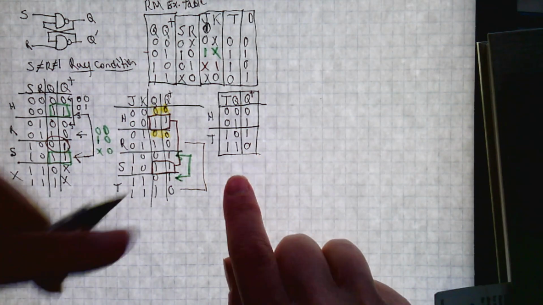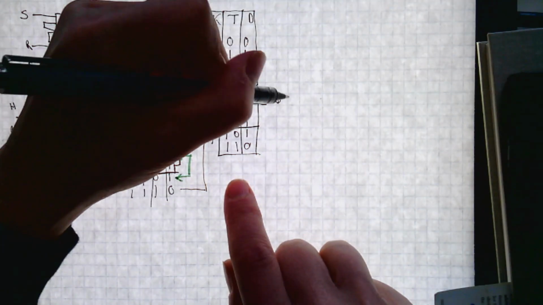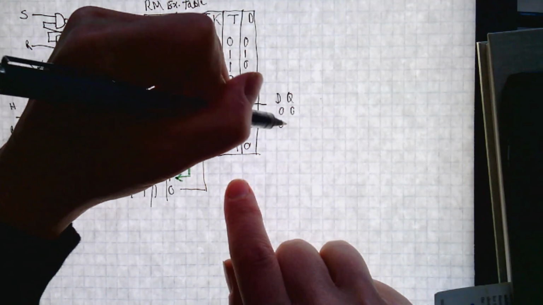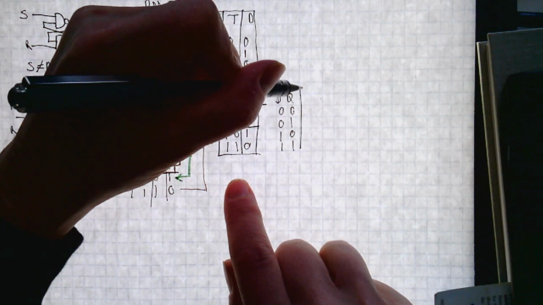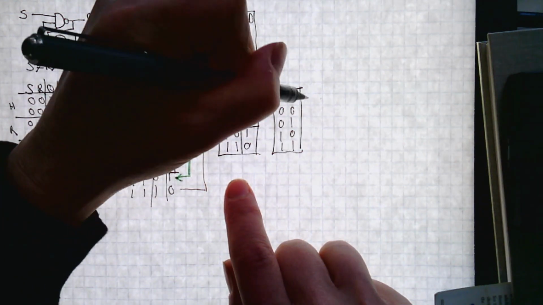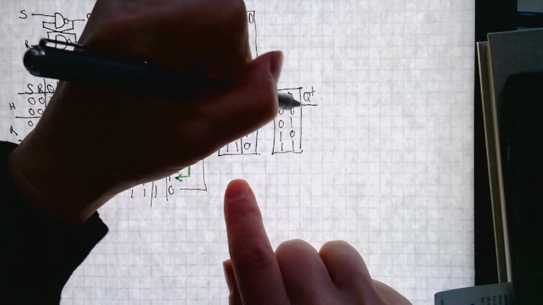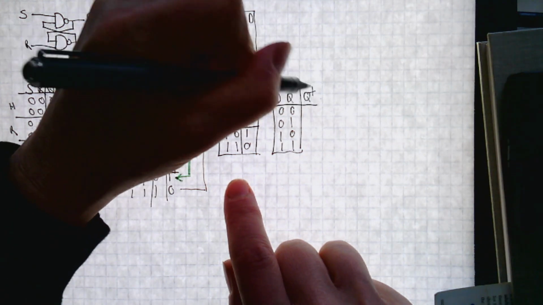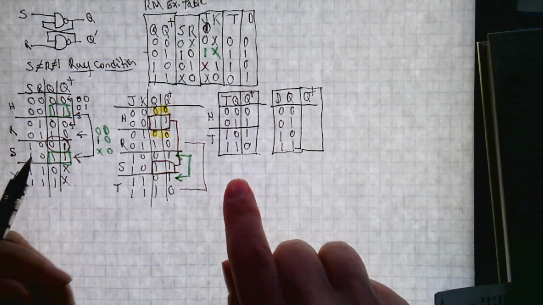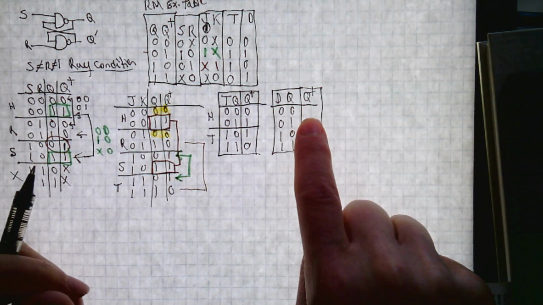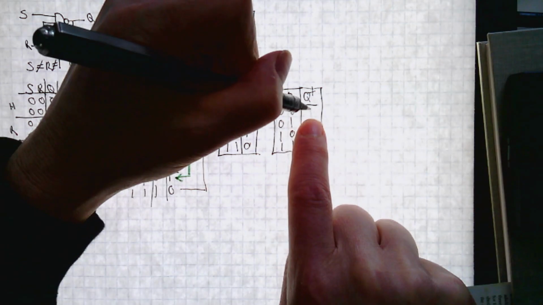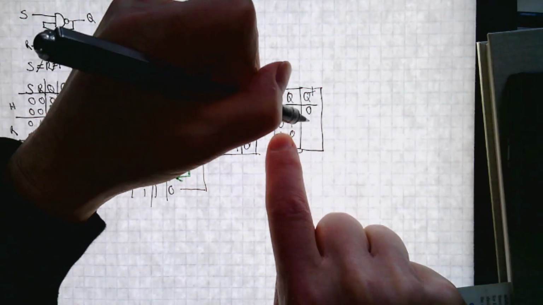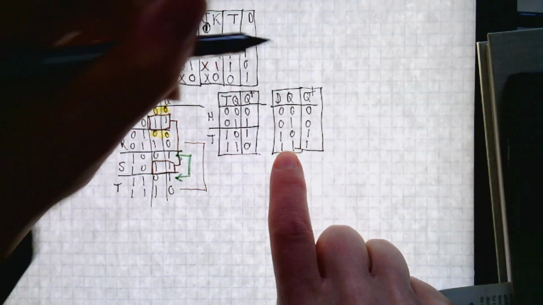Let's do the D flip-flop while we're at it. D and Q. Next state. And now, I think maybe you can see if D has got a 0 on input, the next state is going to be 0, 0, 1, and 1.